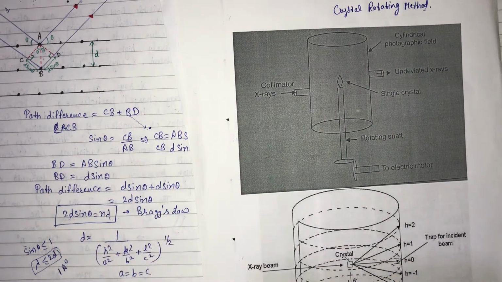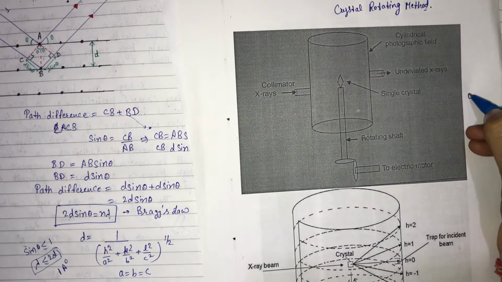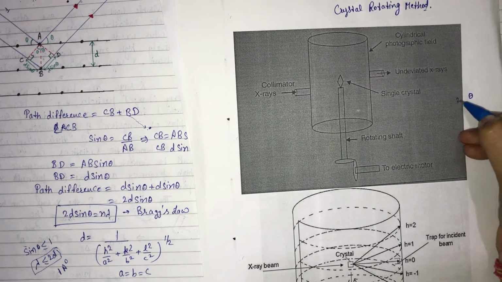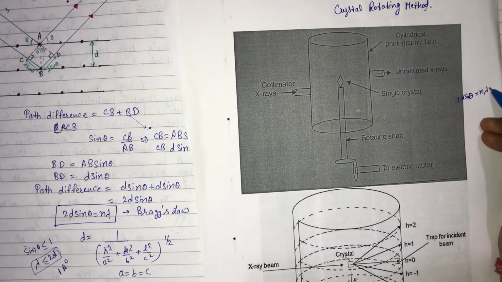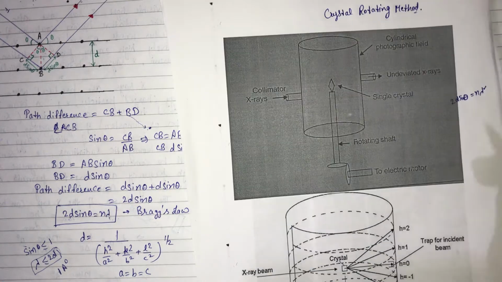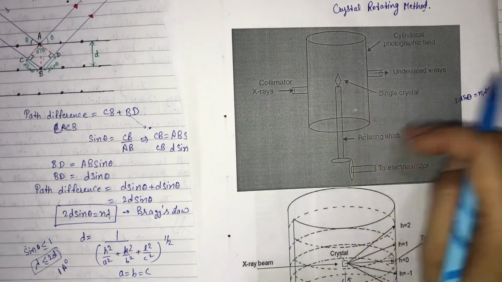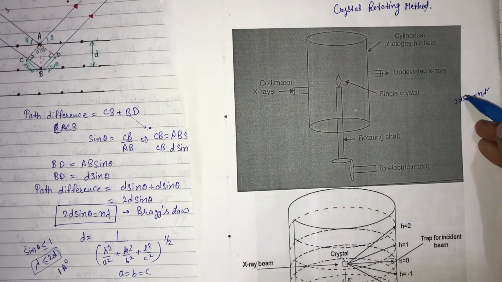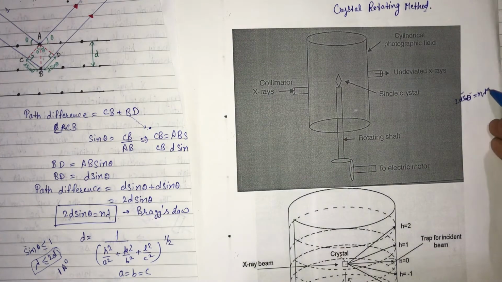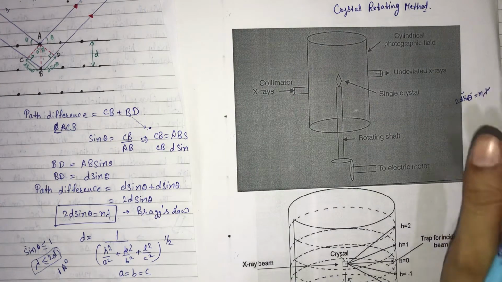For particular orientations, that is, a particular theta where the condition 2d sin theta equals n lambda is satisfied, with lambda fixed but theta changing, we get the diffraction pattern. So for particular values of d, theta and lambda, when Bragg's condition is satisfied, we get the diffraction pattern.